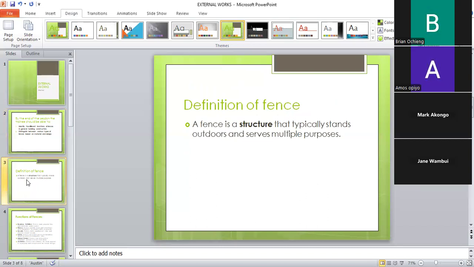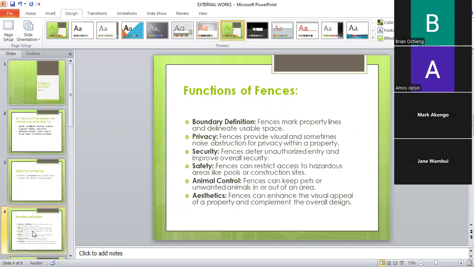We start with the definition. I hope everybody knows what a fence is. The fence is a structure that typically stands outdoors and serves multiple purposes. Under that, we have the functions of fences.